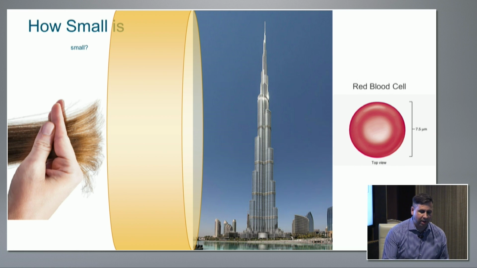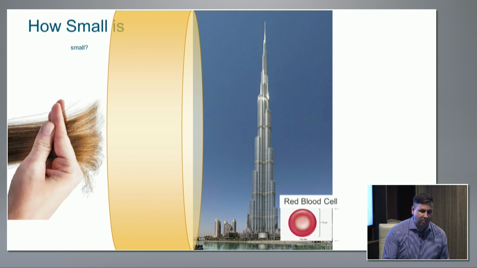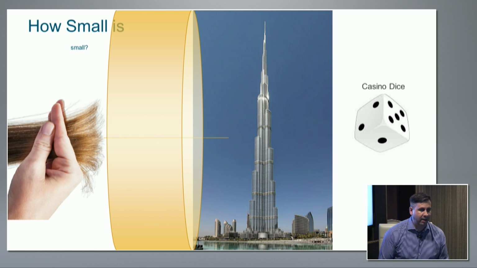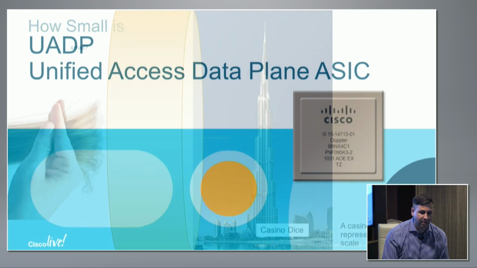Well, at this scale, a red blood cell would take up about 20 floors. And Intel, for instance, has been in the news lately for doing a 5 nanometer process. That's basically the equivalent of 2.5 of these casino dice lying in front of the tallest building in the world. That's how thin those electrical circuits are being carved out in silicon to achieve this kind of density of transistors on the ASICs.